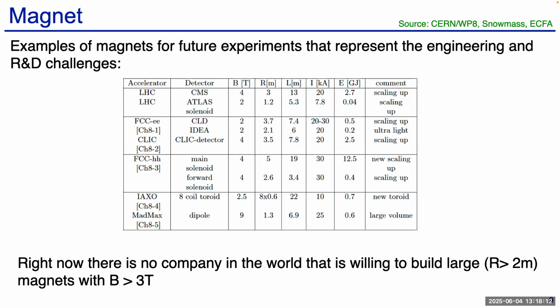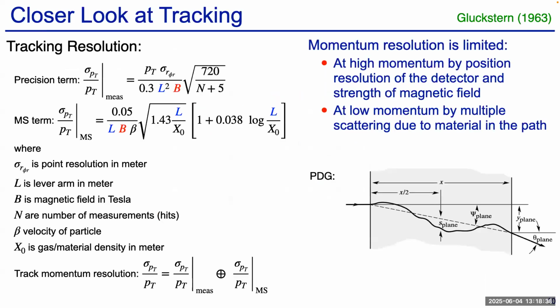There's just no company, because these companies build that thing only once, right? Just for some physicists, can you build me one, please? If you would say build me 1,000, then they would listen, but one is not, because it's a huge effort. So this is not going to happen. This will be a real fun thing, how the FCC on the long term is going to build their detectors.